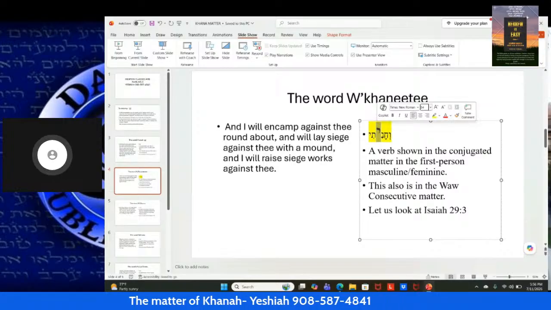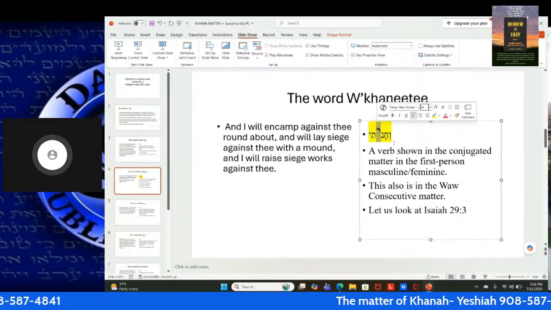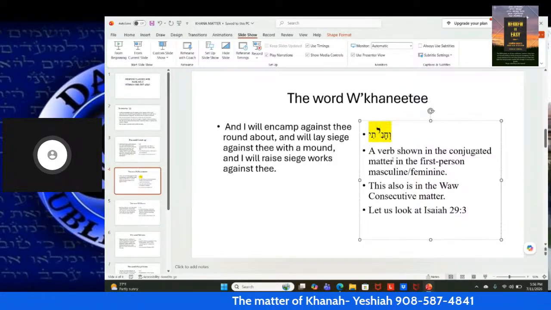Kaniti, kanita, kanit. That is to say, I encamped, you encamped feminine. All right, so these are things we care to bring out for reference purposes.